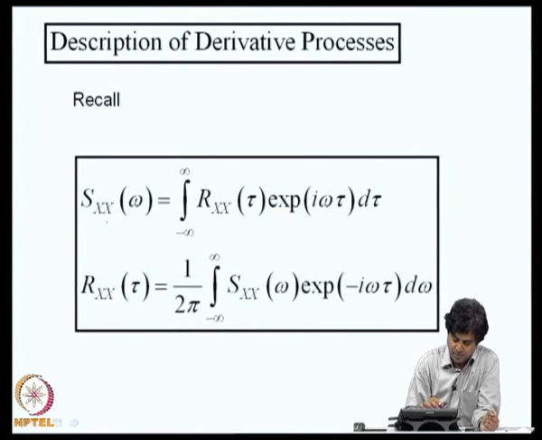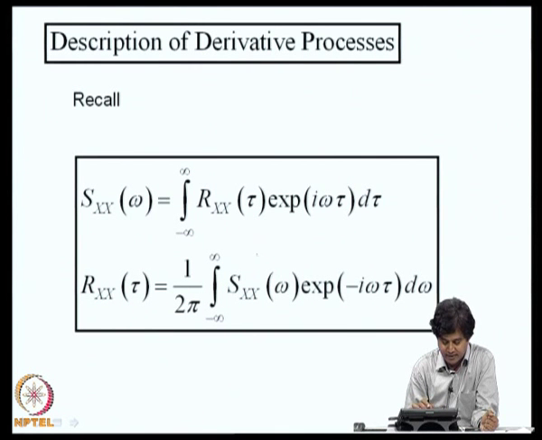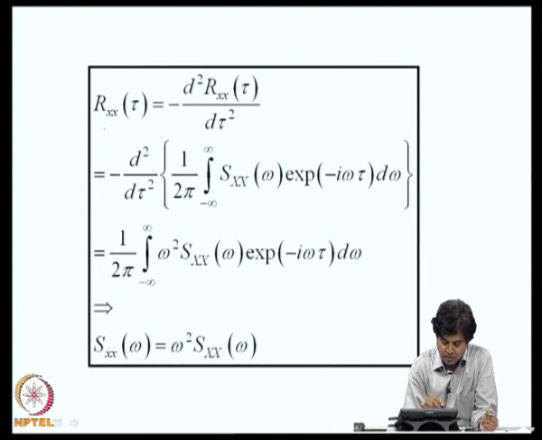You recall now that the power spectral density of x of t and the autocovariance of x of t are related through this pair of equations. These two functions form a Fourier transform pair. Now, we have already defined that the autocovariance of the derivative process can be obtained by differentiating the autocovariance of the parent process twice in this manner.